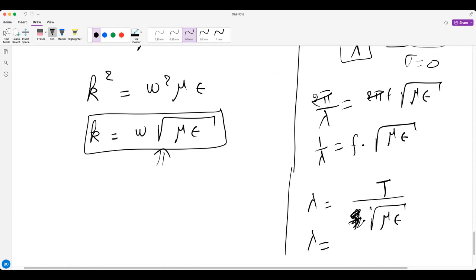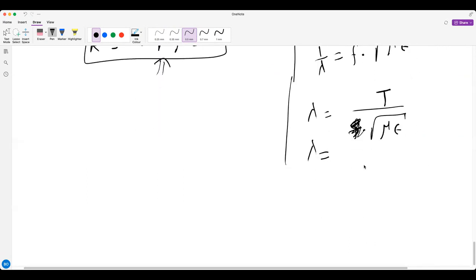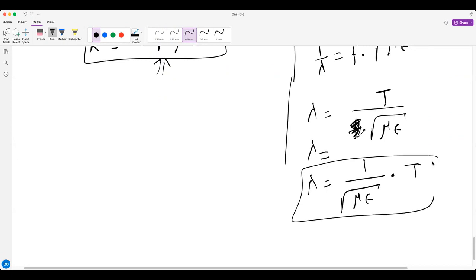So lambda is equal to 1 over square root of mu epsilon times T. Lambda is something times T. What is this? Lambda, a distance, is equal to something times time.